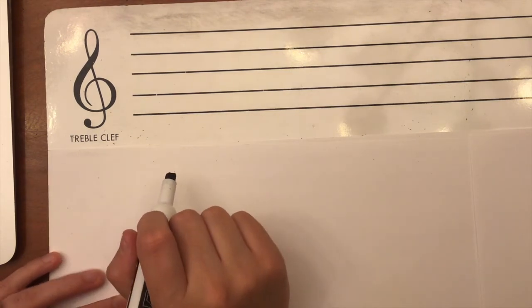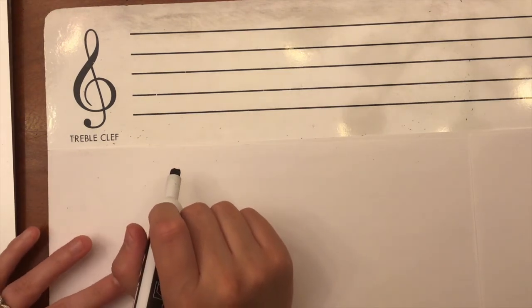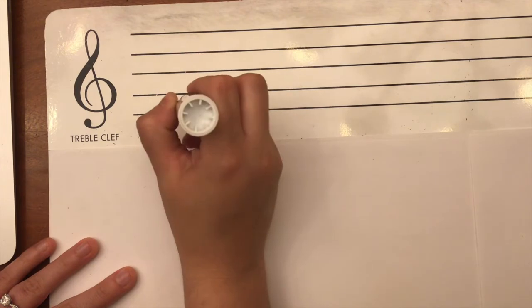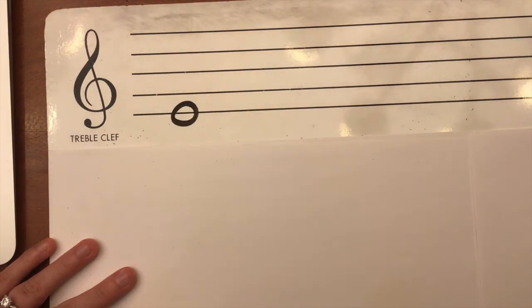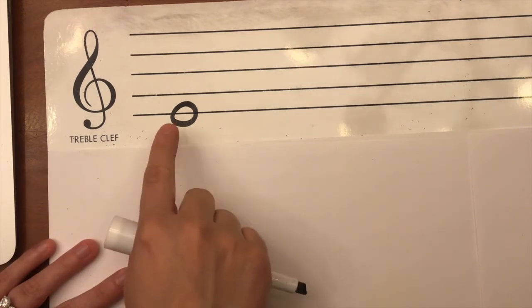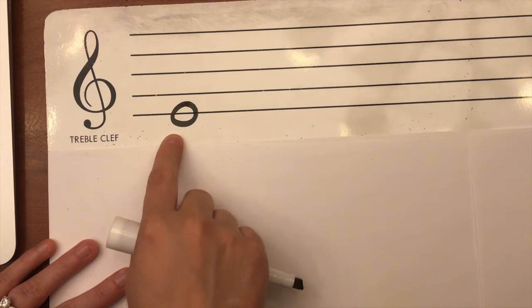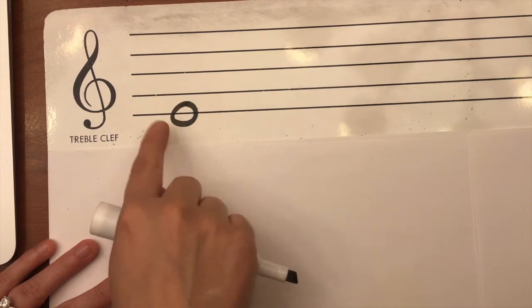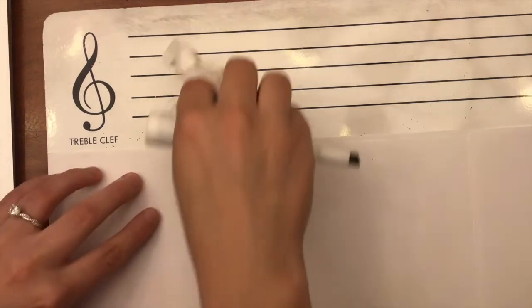First note is a line note, so every good boy does fine. See if you can figure out the name of the note. So it's a line note, every good boy does fine, so this is going to be E for every. Hopefully you got that right.